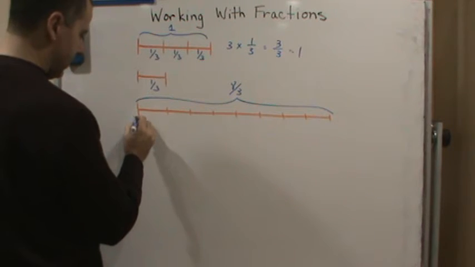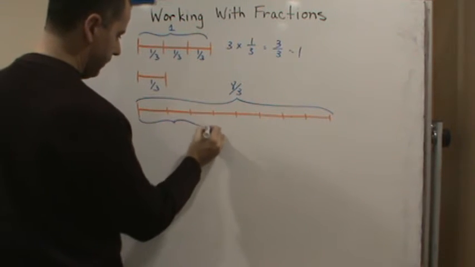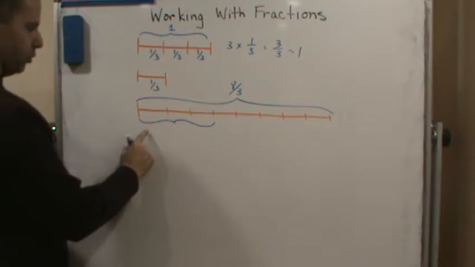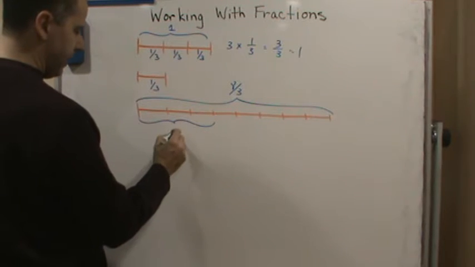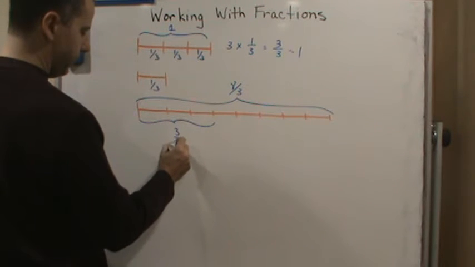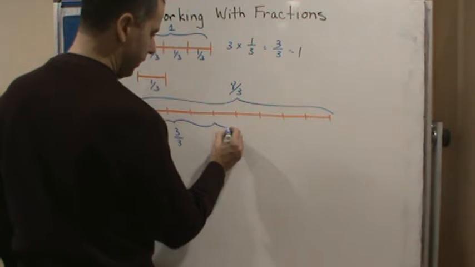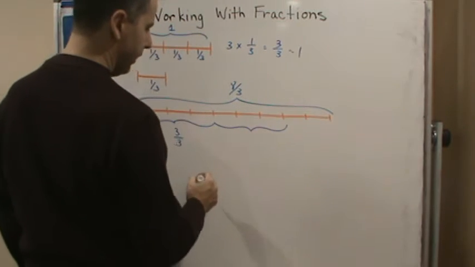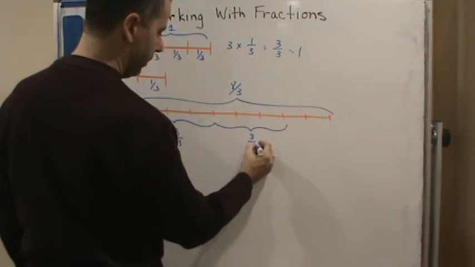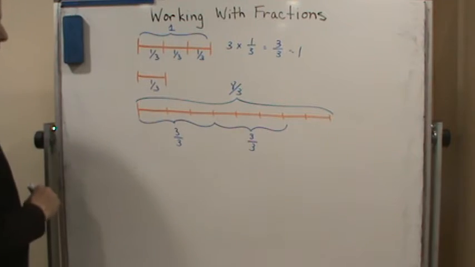So if I take this group of 3, then that's going to give me 3/3, right? And if I take this group of 3, that's going to give me another 3/3.